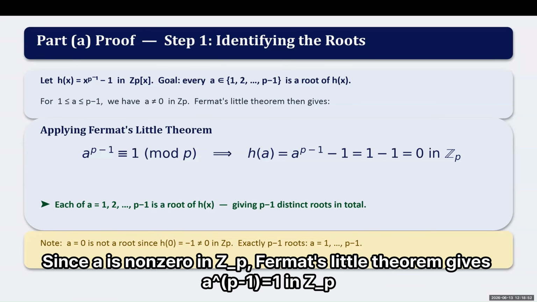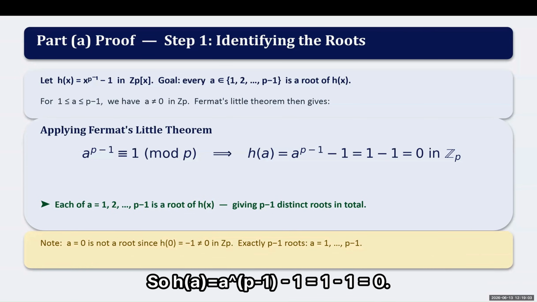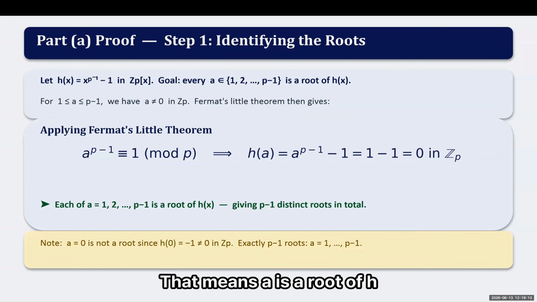Since a is non-zero in F_p, Fermat's little theorem gives a^(p-1) is equal to 1 in F_p. So h(a) is equal to a^(p-1) - 1, which is 1 - 1, equal to 0. That means a is a root of h.